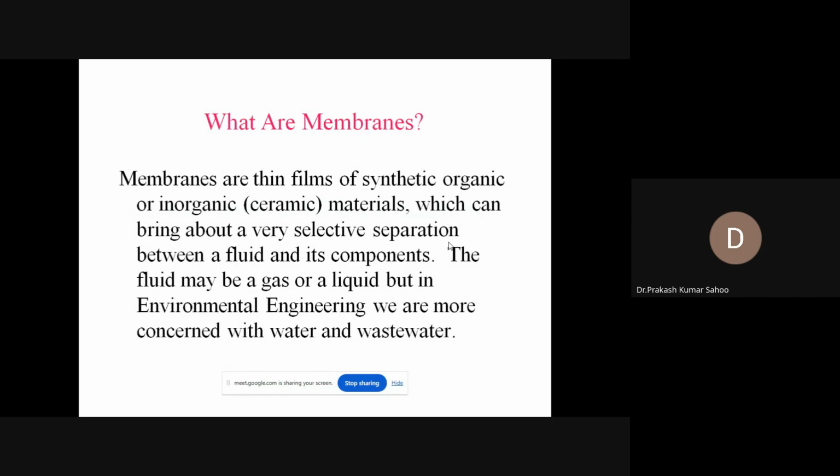So this is just a basic definition of a membrane. It shows that membranes are thin films of both synthetic, organic, or inorganic materials, which are very much used for the separation of different particles or residues from its solution.